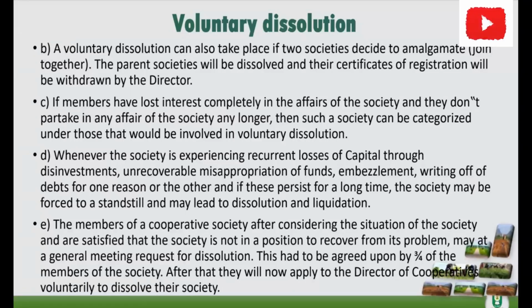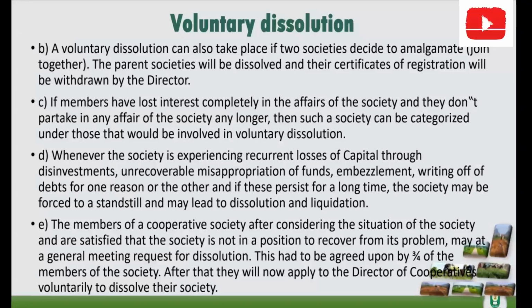And number five, the members of a cooperative society, after considering the situation of the society and being satisfied that the society is not in a position to recover from its problem, may at a general meeting request for dissolution. This has to be agreed upon by three-quarters of the members of the society. After that, they will apply to the director of cooperative voluntarily to dissolve their society.